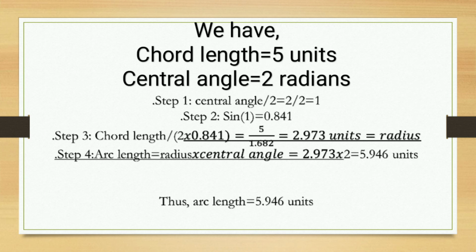Step 4, arc length equals radius times central angle equals 2.973 times 2 equals 5.946 units. The arc length equals 5.946 units.